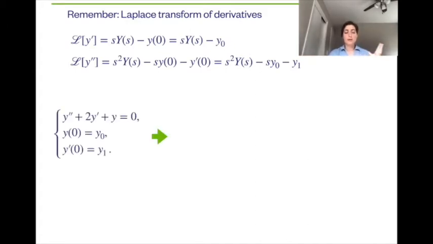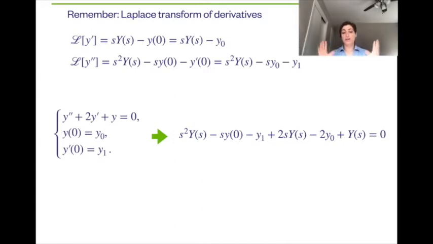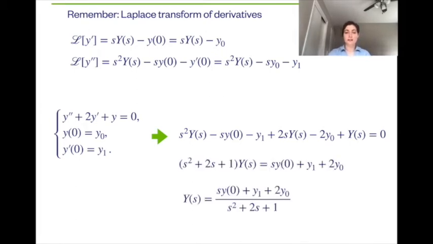So we go from our ODE, second order linear constant coefficient, and our two boundary values, to an equation on Y. Look at the fact that here we don't have any derivatives anymore. So we can just solve it for capital Y in a fairly trivial way, and we retrieve a big fraction.